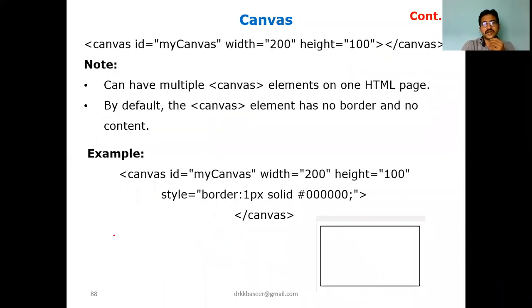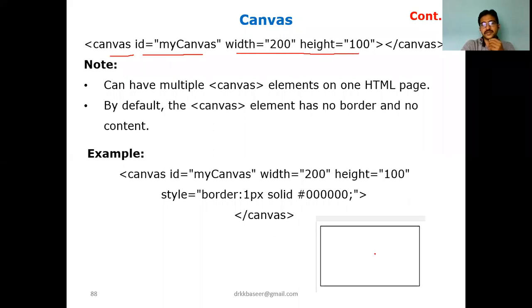For example, here is how a canvas can be declared. Canvas, I'm using the attribute id, myCanvas. Width and height of the canvas are 200 and 100.